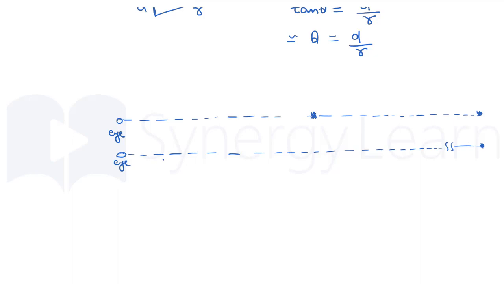The drawing is a little bit exaggerated here for sake of clarity, but the object which is not that far away will form a certain angle here with this original direction. So let this angle be theta. Now we can always measure this angle theta and record its value.